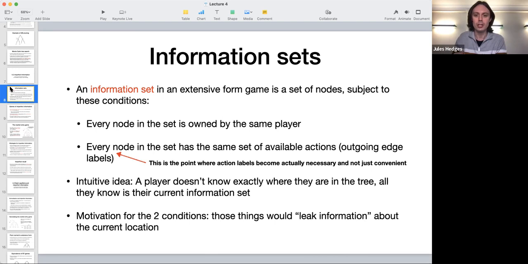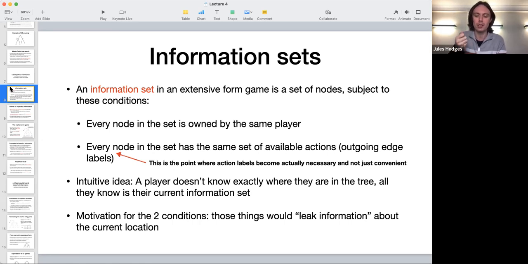The two conditions that we're going to impose on which sets of nodes are allowed to be together in an information set are that every node in the information set has to be owned by the same player, and that every node in the information set has to have the same set of actions available, that is to say, the same action labels on the outgoing edges of that node.